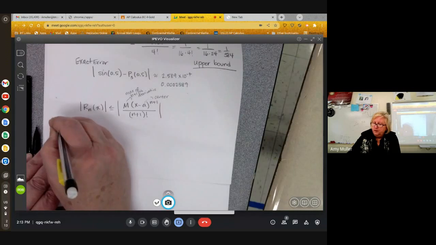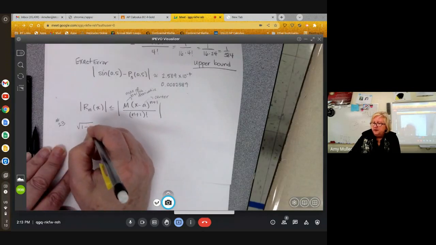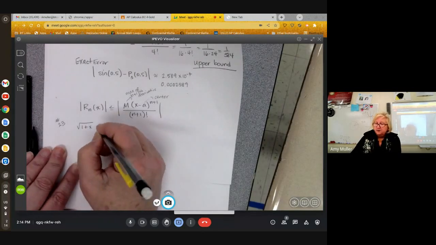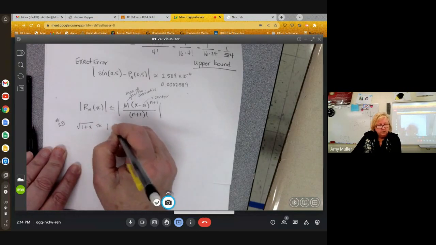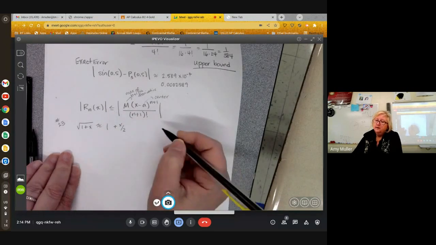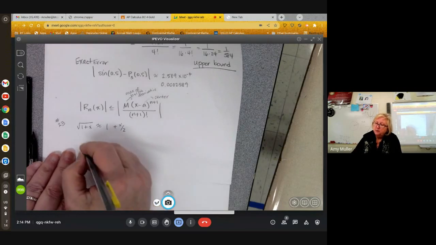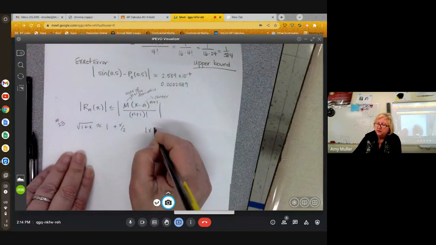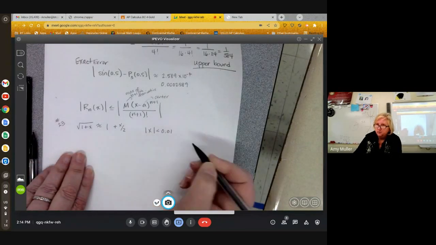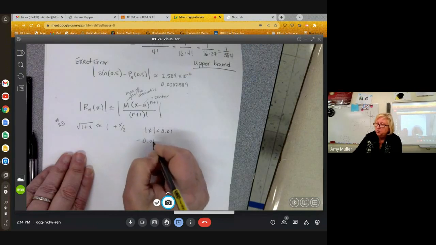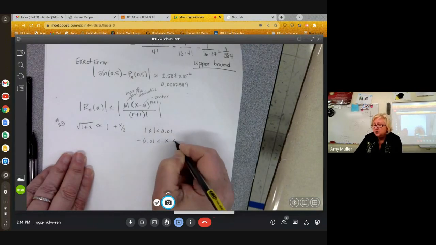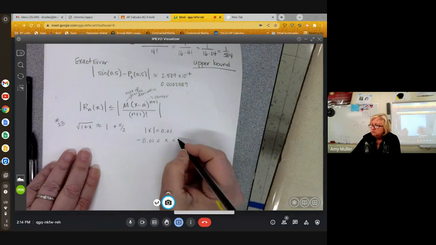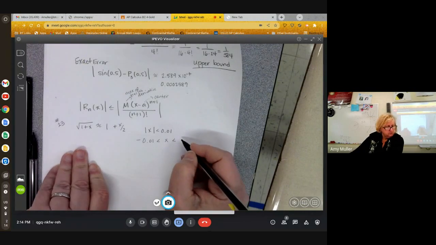Oh, yeah. So number 23, you have the square root of 1 plus x is approximately 1 plus x over 2, right? And it wants you to compare, and they gave you the absolute value of x is less than 0.01, right? So you're going to have a range, negative 0.01. That's close, right? I think that's right.